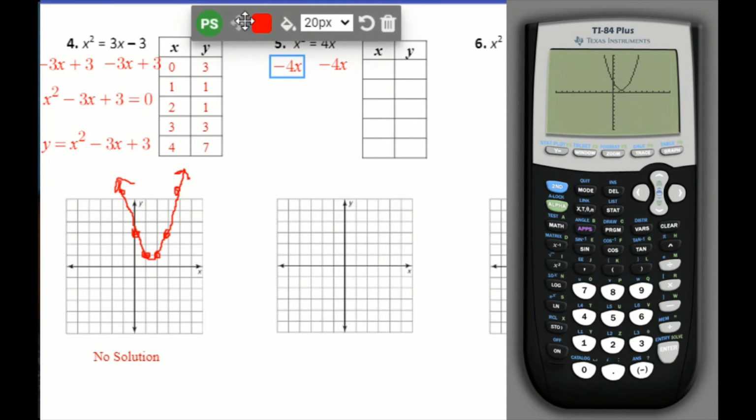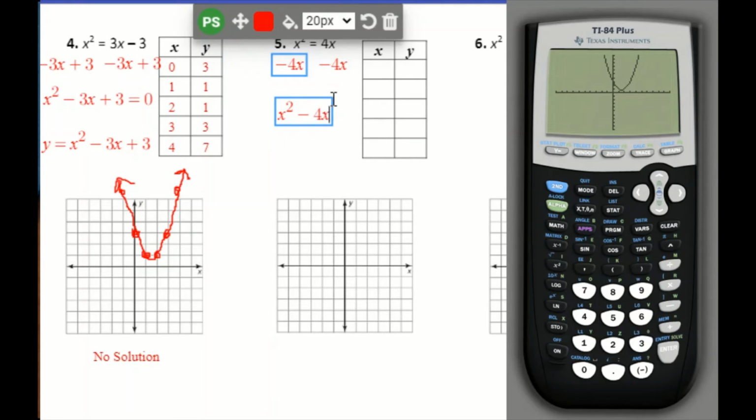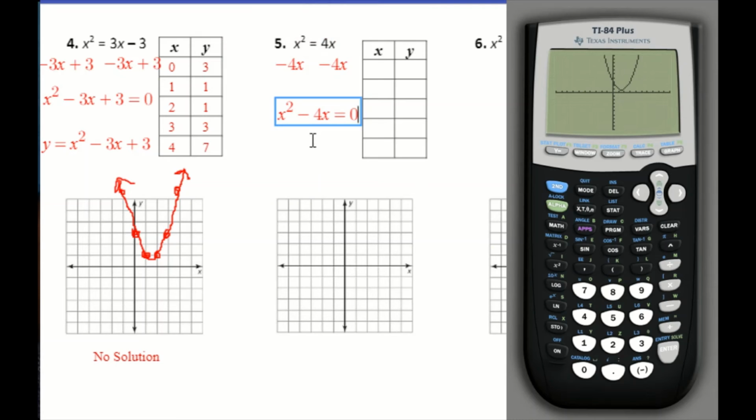When we subtract 4x from both sides, we are left with x squared minus 4x equals 0. So we don't have a constant here, which is fine.